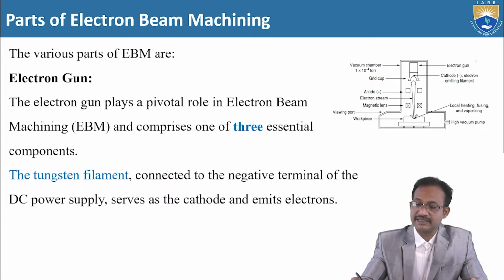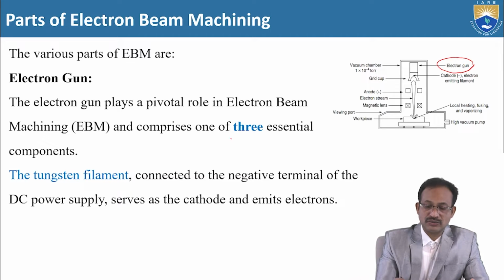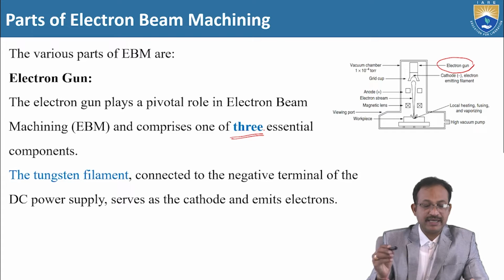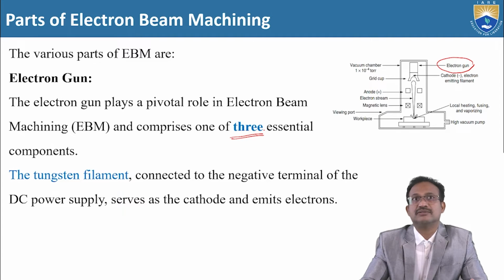Now let us discuss this electron gun. The electron gun plays a pivotal role in electron beam machining and comprises one of three essential components. The first one is the tungsten filament, connected to the negative terminal of the DC power supply; it serves as the cathode and emits electrons.